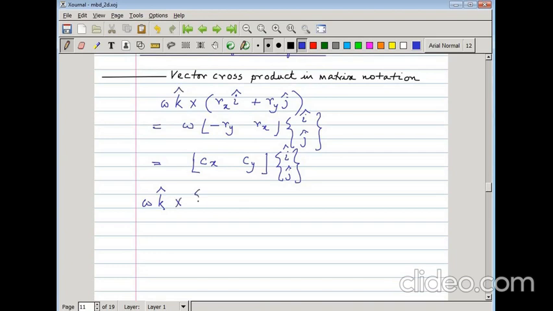So this is, and for this we put cross, or we write it like this.